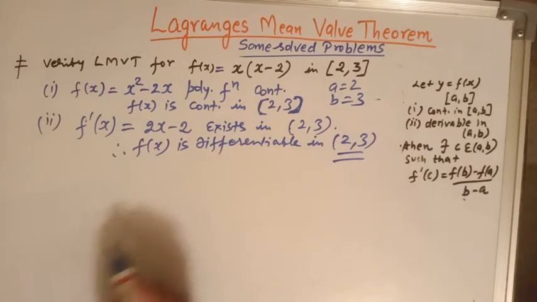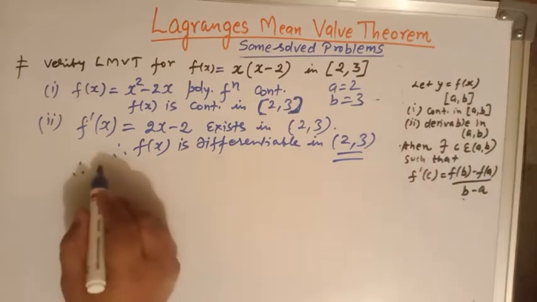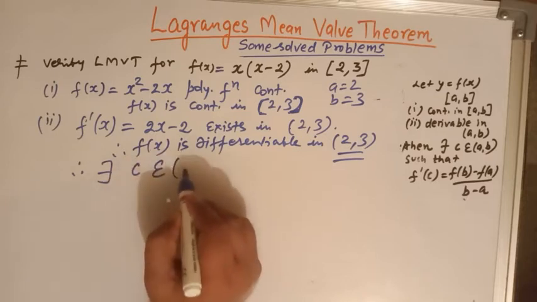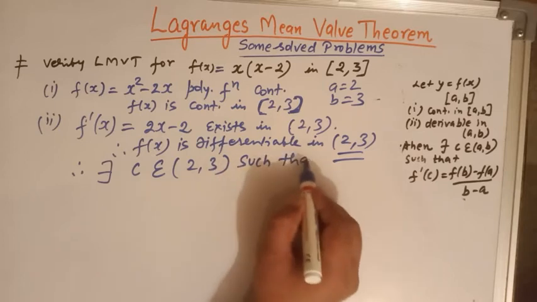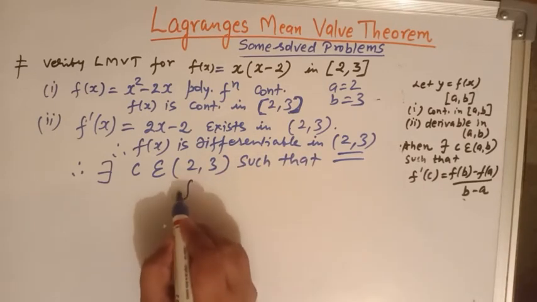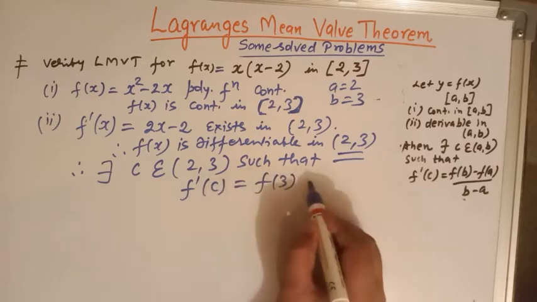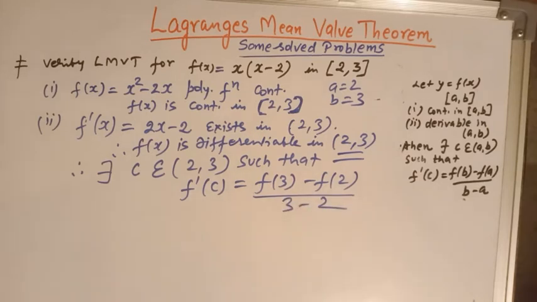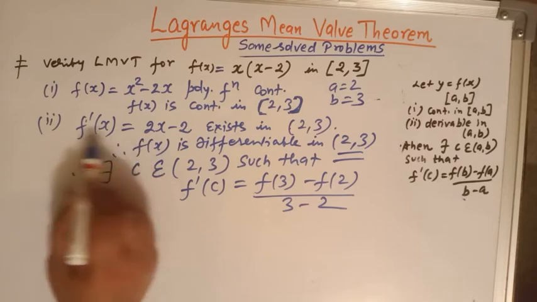Clear? Now therefore there exists some c belonging to 2 comma 3 such that f prime of c is equal to (f(3) minus f(2)) divided by (3 minus 2). Clear? So f prime of c can be written from this expression.